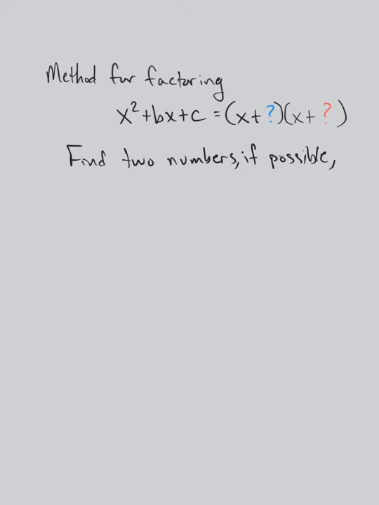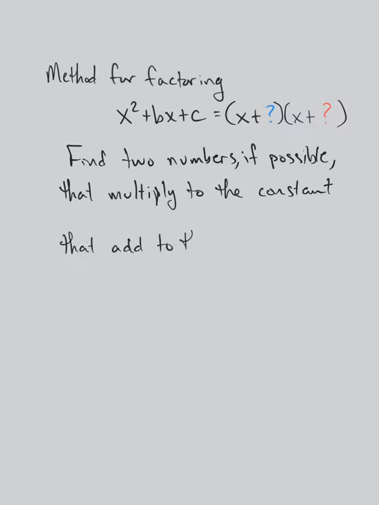If possible, that multiply to c, but I'm going to use words here. Multiply to the constant. If you're writing this, leave a little bit of space because I'm going to put in a parenthetical phrase there. But also that add to the middle coefficient. Okay, like that. All right.